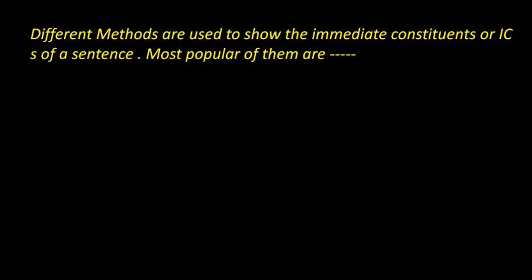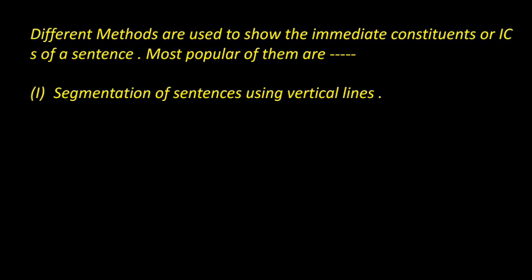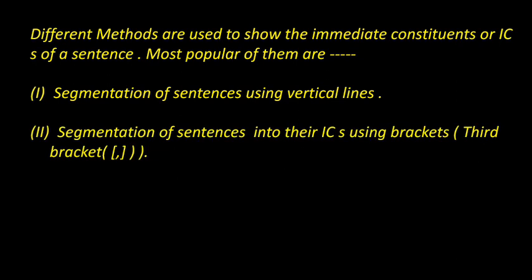Most popular of them are segmentation of sentences using vertical lines. Vertical lines are also used to show the immediate constituents of a particular sentence. Segmentation of sentences into their ICs using brackets, basically third brackets, is another way of showing immediate constituents.